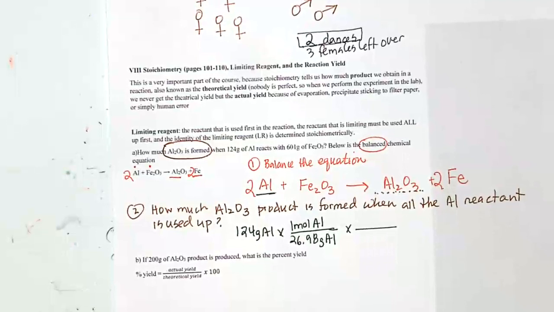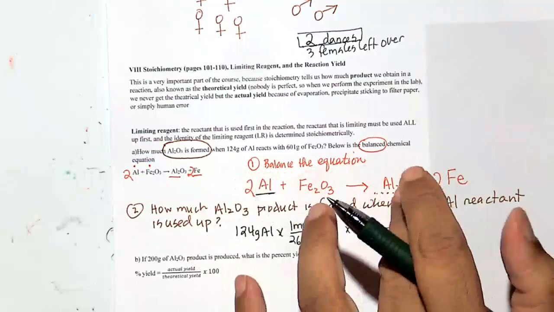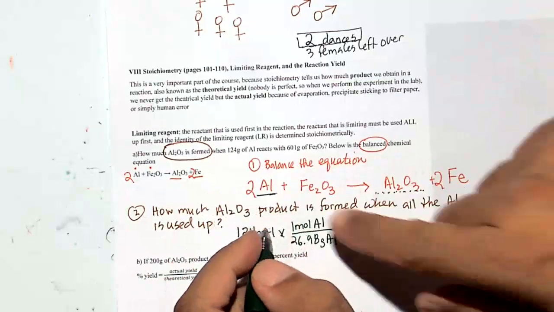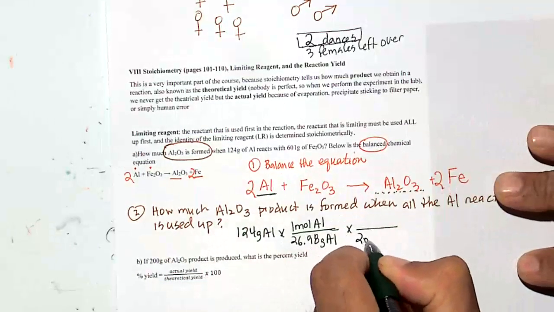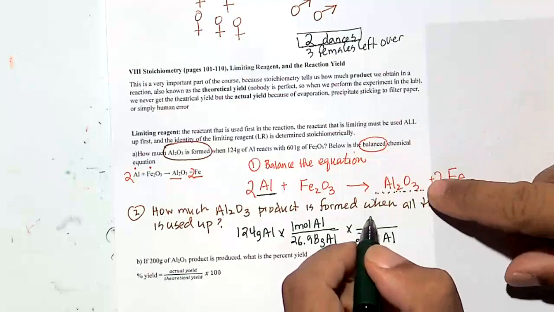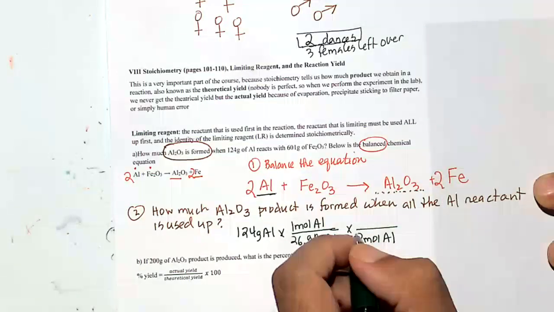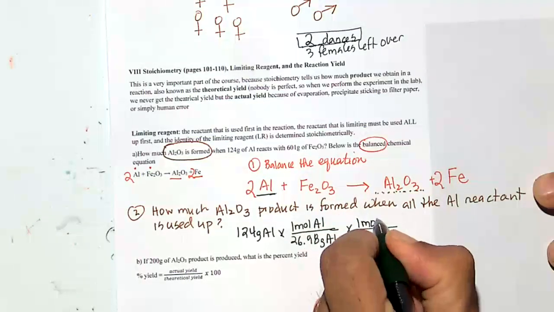So what's next here? We need Al2O3, so one of the rules of the mole is you use the mole-mole relationship. For every 2 moles of Al, this is balanced, how many moles of Al2O3 will you get? 1.